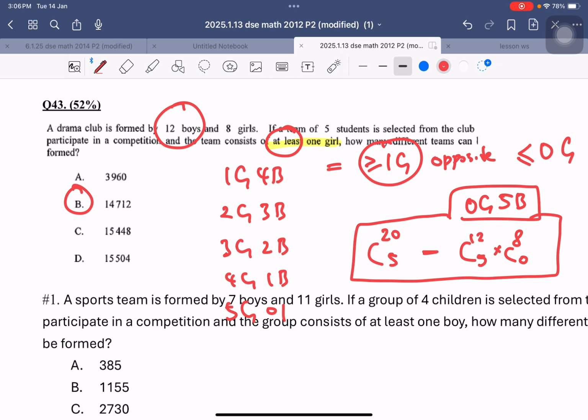If they ask about the probability, then you need to divide it by the total number, which is 20C5. So be careful when you're doing the questions, like in paper 1. When you're doing paper 1, be careful whether they're asking about combinations or probabilities. If you're asked about probability, you must divide by the total number.